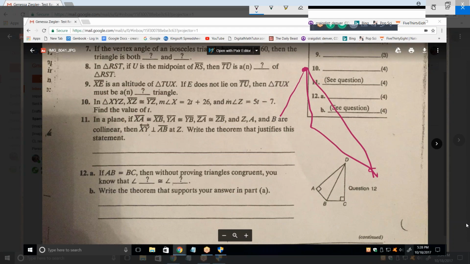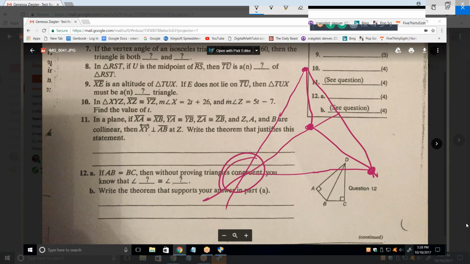And if I drop a perpendicular from that vertex, it also does not connect inside the triangle. If I extend that perpendicular, they do intersect. And if I drop an altitude from that triangle and go the other way, it also intersects.